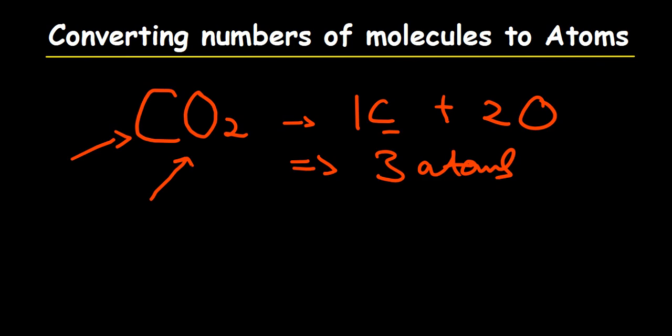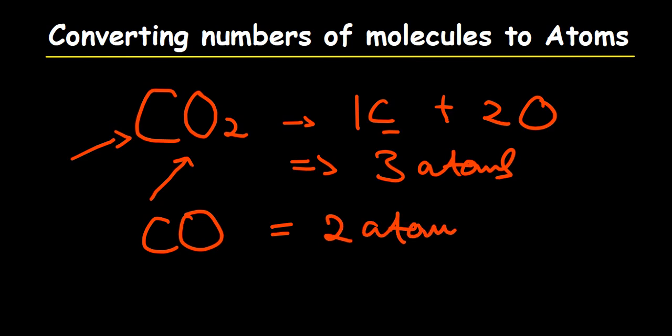So this relationship will vary depending on the molecule that you have. For example, if I have one molecule of carbon monoxide, I would say this molecule contains two atoms, because I can only see the oxygen and the carbon.